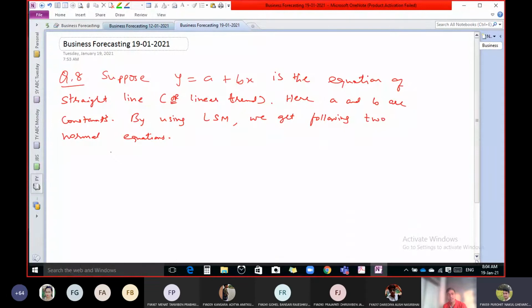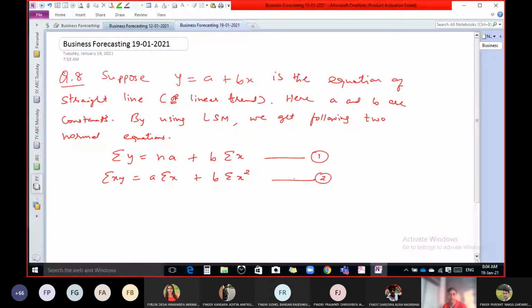Sigma y is equal to n into a plus b sigma x, and sigma xy is equal to a sigma x plus b sigma x square. Correct. So we have two normal equations.